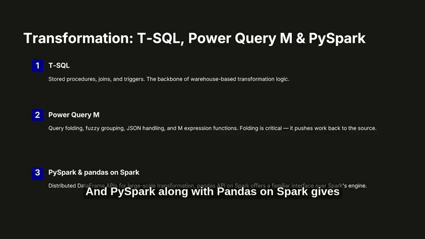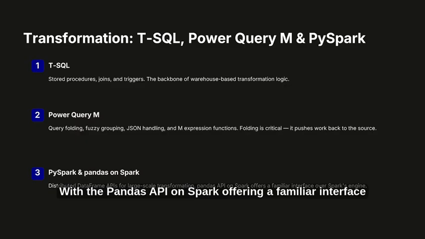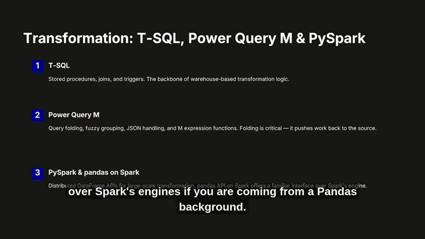And PySpark along with Pandas on Spark gives you distributed data frame APIs for large-scale transformation, with the Pandas API on Spark offering a familiar interface over Spark's engine if you are coming from a Pandas background.